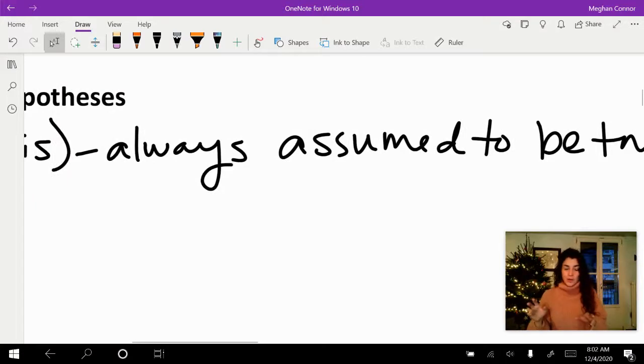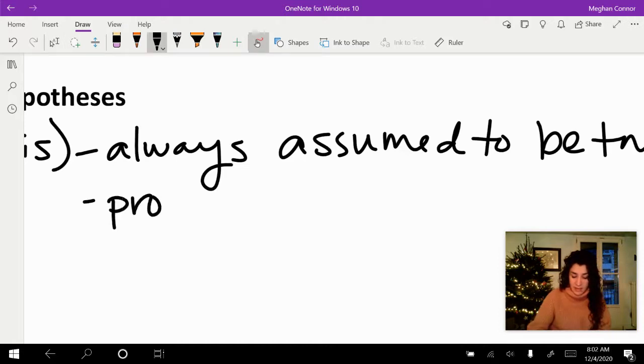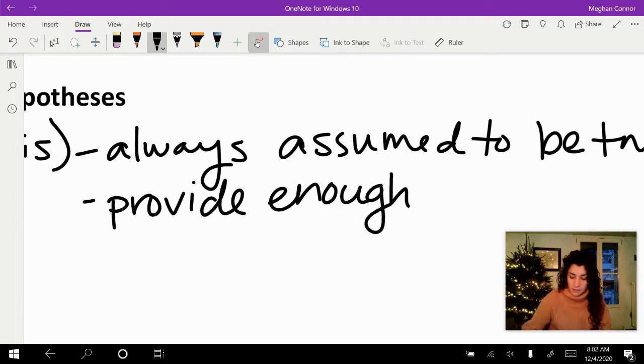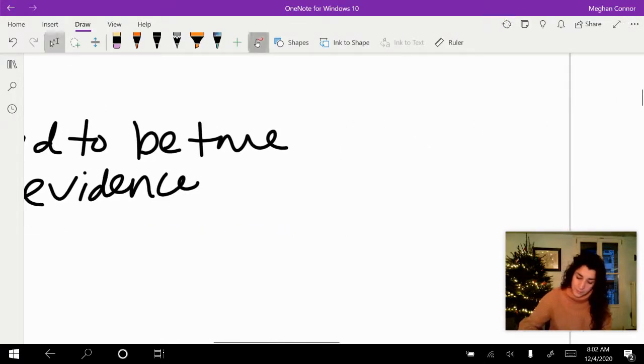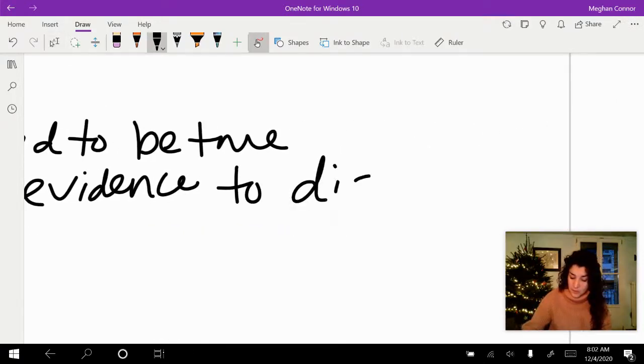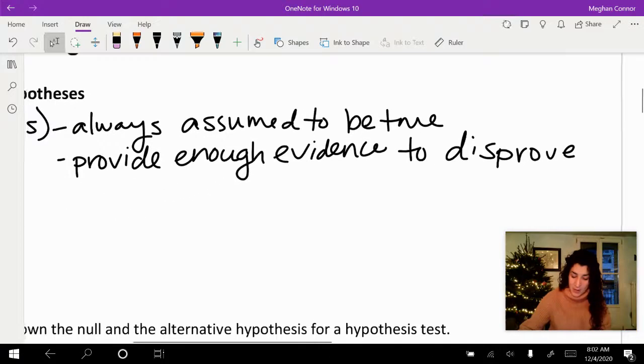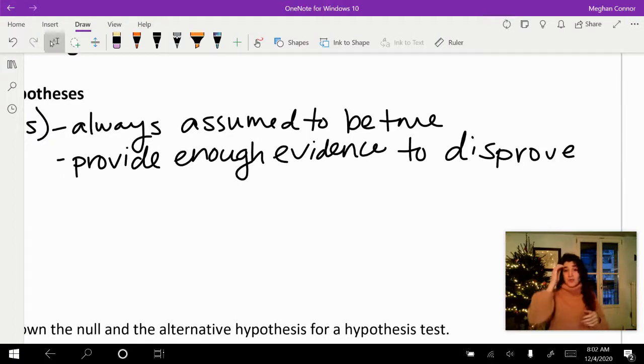It's kind of like your default position. Our goal is typically to provide enough evidence to disprove it. I know that these two statements might seem a little contradictory, that we always assume it to be true, but that our goal is to have enough evidence to show it is not true, or enough evidence to disprove it.